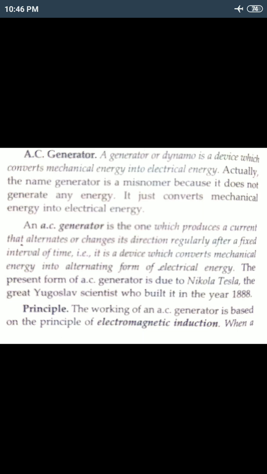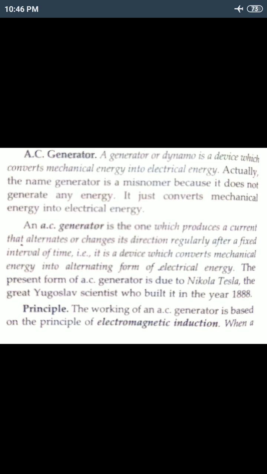I can explain with a diagram. Here also I will explain, but if you want the proper way, please visit once. So the AC generator, another name for which is dynamo, is a device which converts mechanical energy into electrical energy.